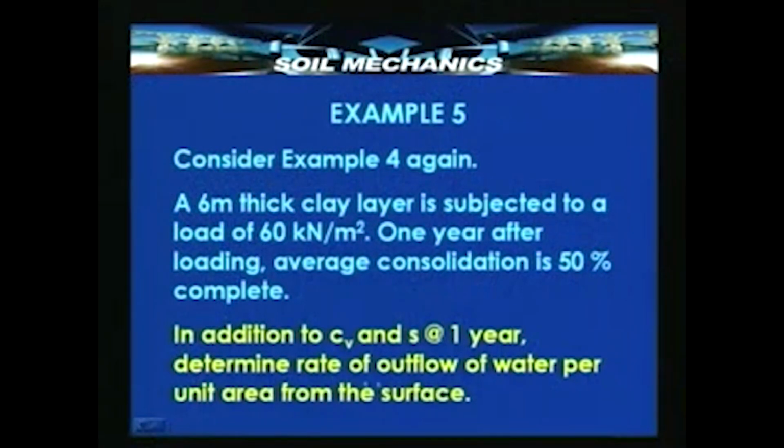What we now see is how to compute the rate at which water is flowing out of this soil at the end of 1 year. We know that this phenomenon of consolidation goes on taking place at a slower and slower rate.